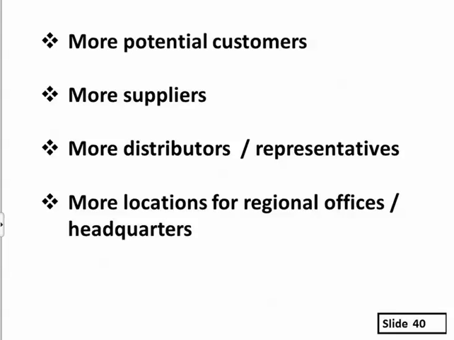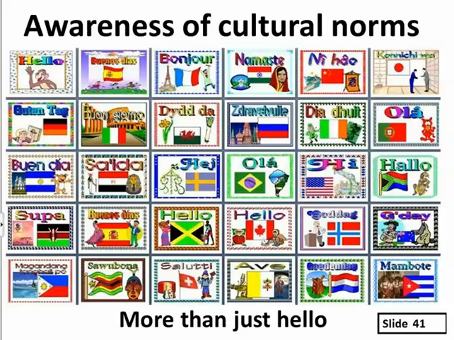Also, it gives you access to many more suppliers, some of which may be able to supply at a much lower cost than your current suppliers do. Likewise, more distributors and representatives to market your product, and many more locations that you can be in. So there's many advantages to being global.